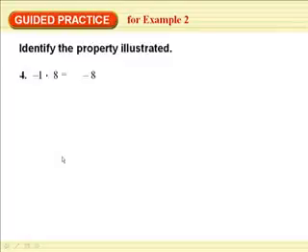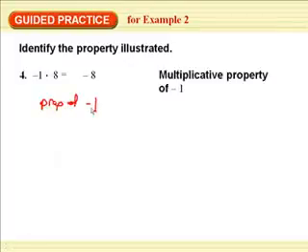And then the guided practice for example 2 has us doing some more of those. Identify the property as illustrated. On this one, this is going to be the property of -1. Oh, I always write right on it, don't I?